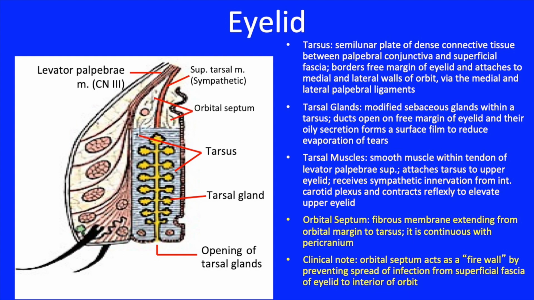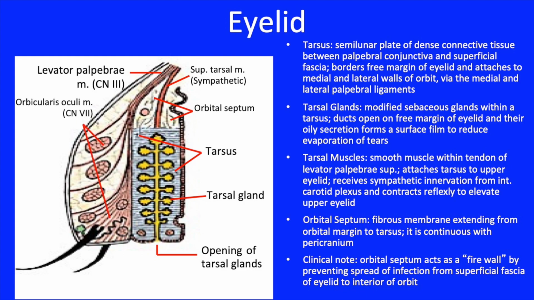The orbital septum is a fibrous membrane extending from the orbital margin to the tarsus. It is continuous with the pericranium. On a clinical note, think of the orbital septum acting as a firewall by preventing the spread of infection from the superficial fascia of the eyelids to the interior aspect of the orbit.